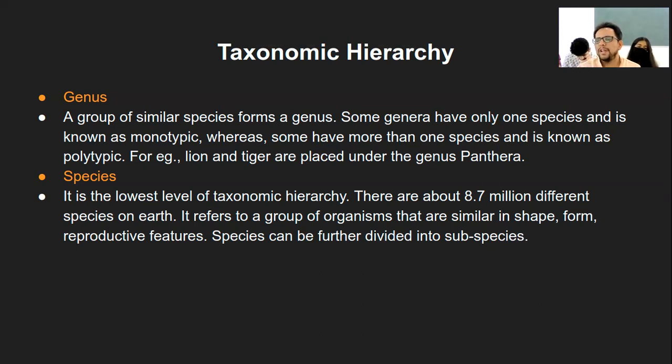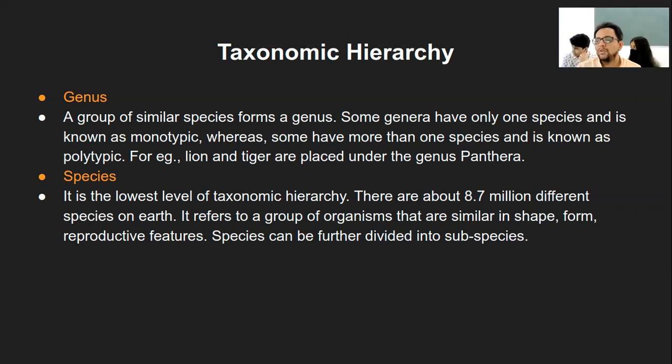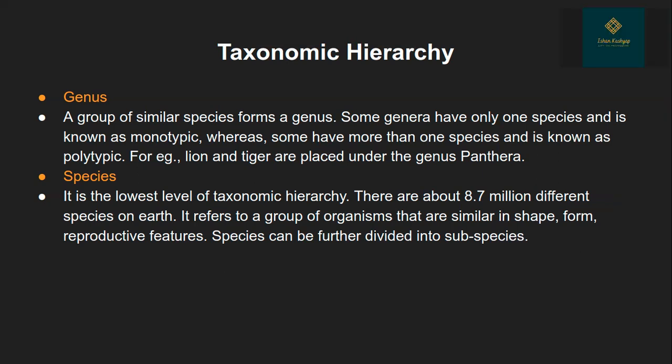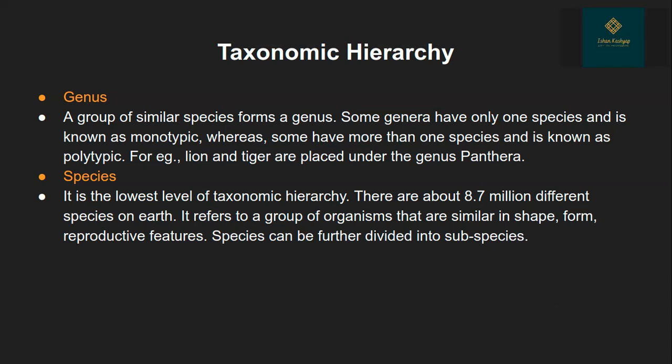The moment you keep studying more and more information, you keep classifying the organisms into whether it belongs to the same category in which it was classified earlier, or it can be classified into a separate category altogether. So it need not be that after the classification into a separate category, it may not have something in between, right? Because we have classified it completely. I hope that makes sense to you. Yeah. Okay. Any other question?